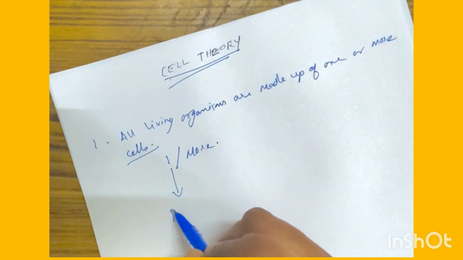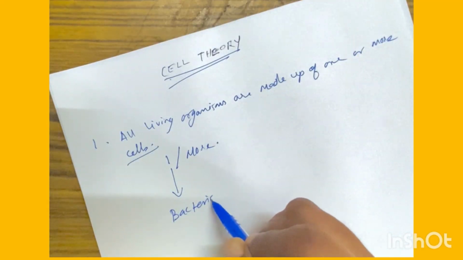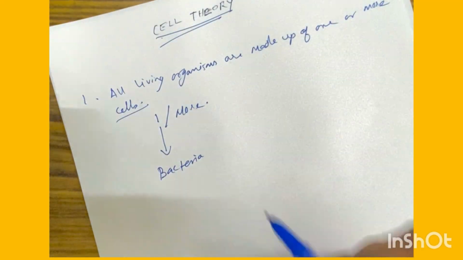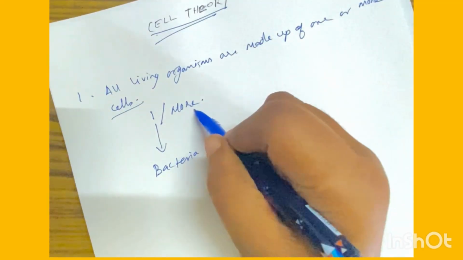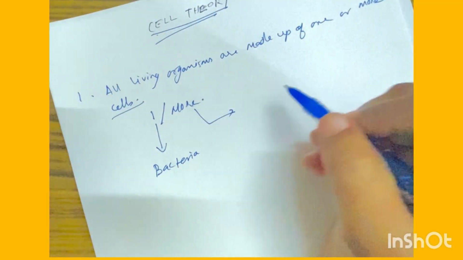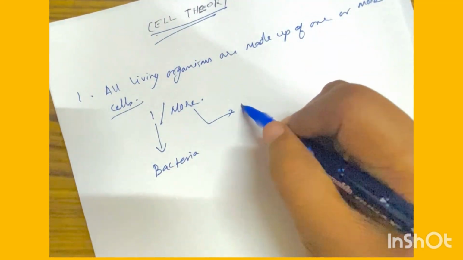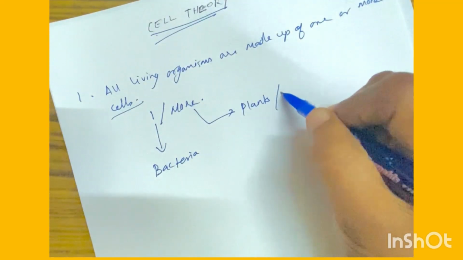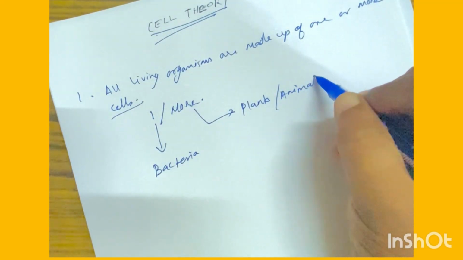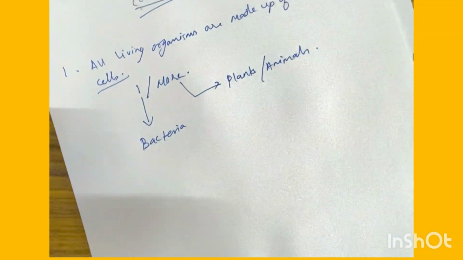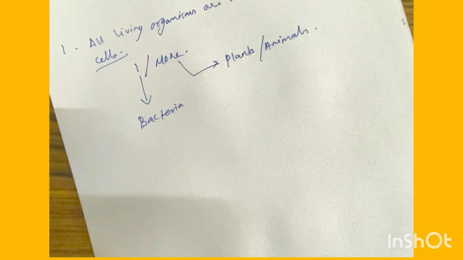For example, a simple bacterium may be made up of one cell, and when I say more, we are talking about multicellular organisms like plants and animals.